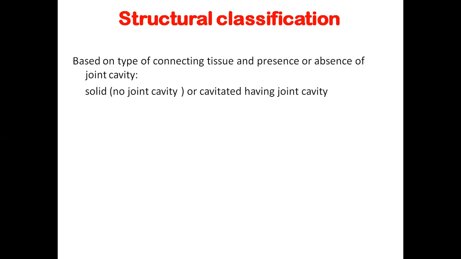By solid, we mean that when the bones are joined with each other, there is no cavity or space between the joining bones in a joint. Cavitated joints are those joints having a cavity, called the joint cavity, between the articulating ends of the bones.